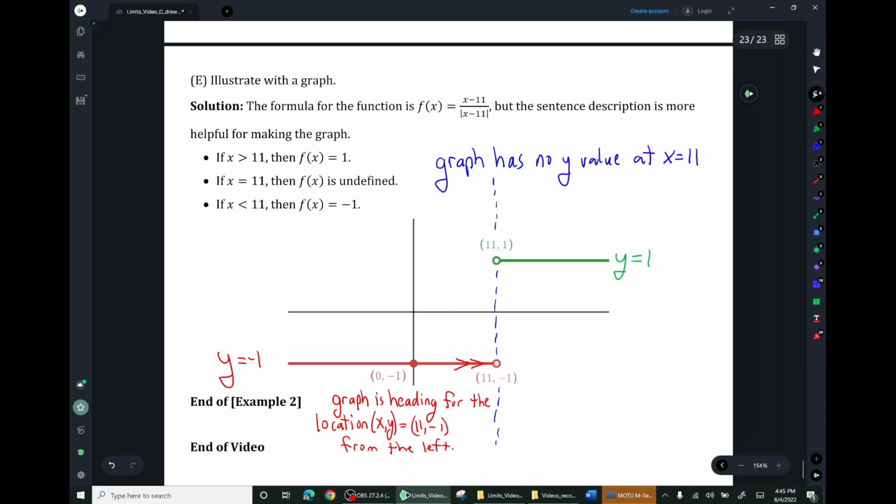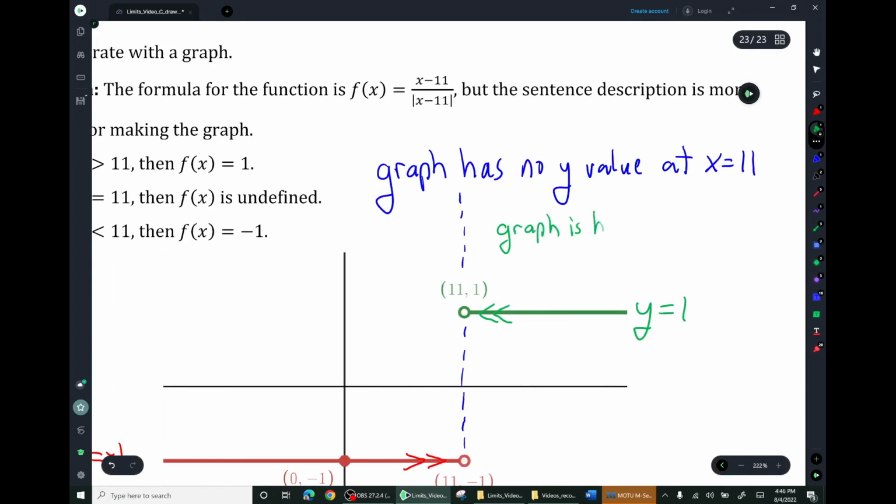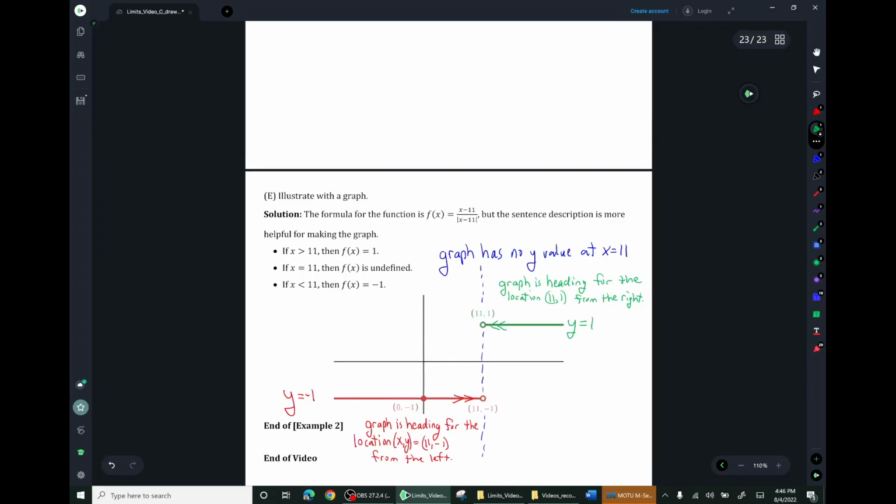So to illustrate that on this graph, I will highlight that behavior. And again, I'll write some words. So there's my illustration of the result of question C. The graph is heading for the location 11, 1 from the right.